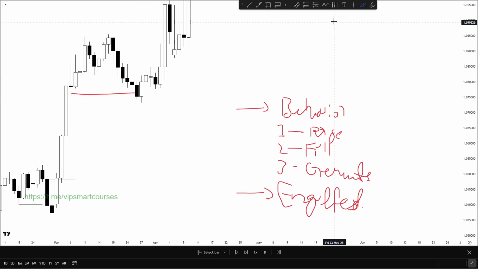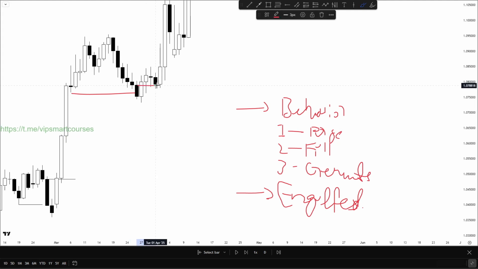In this case, you can see that this candle right here closed above the body of this candle, which also brings us to the next topic, which is when to choose the body and when to choose the wick of a candle as an order block. That also boils down to how a candle closes above the candle that showed the behavior, or how the candle that shows one of these behaviors gets engulfed.